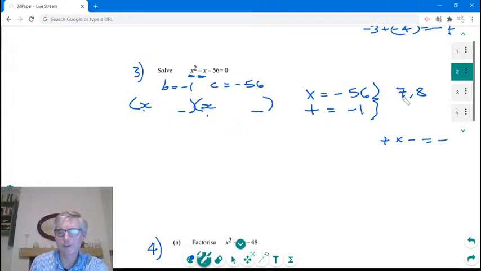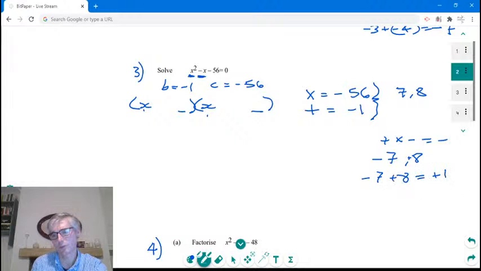So we could have some alternatives. We could have -7 and +8, for example, which would multiply to give us -56. However, if we added them together, -7 plus 8, that would give us +1.